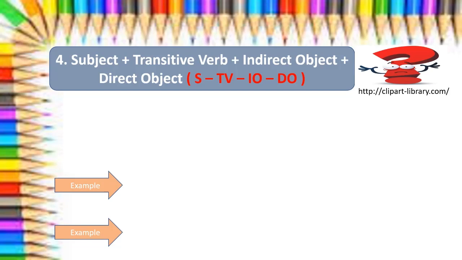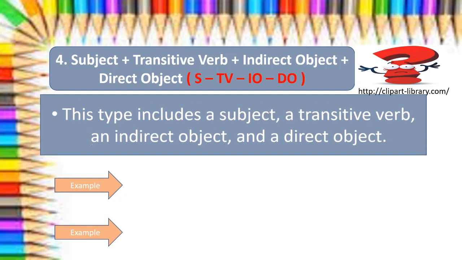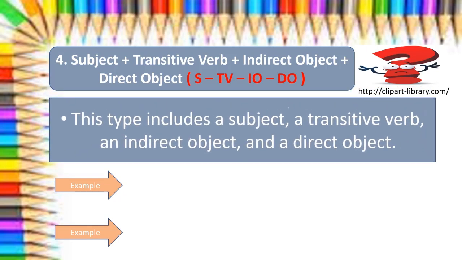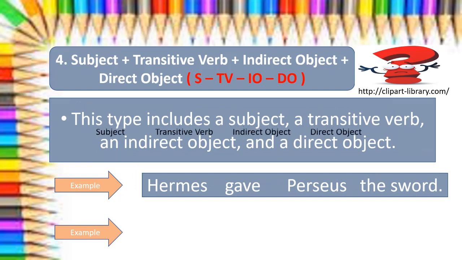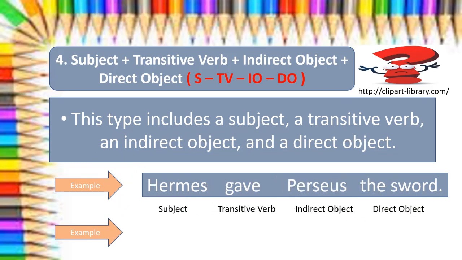The fourth pattern is the STVIODO, subject plus transitive verb plus indirect object plus direct object. This type includes a subject, a transitive verb, and an indirect object and a direct object. For example, Hermes gave Perseus the sword. Hermes is the subject, gave is the transitive verb, and the indirect object is Perseus, and the direct object is the sword.